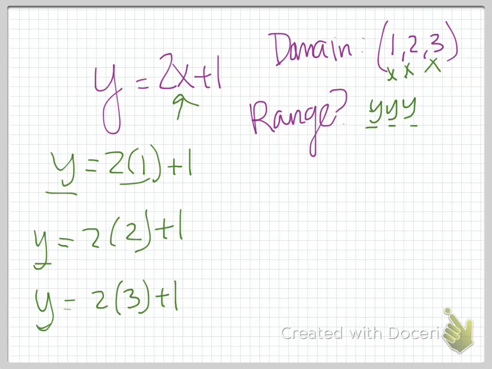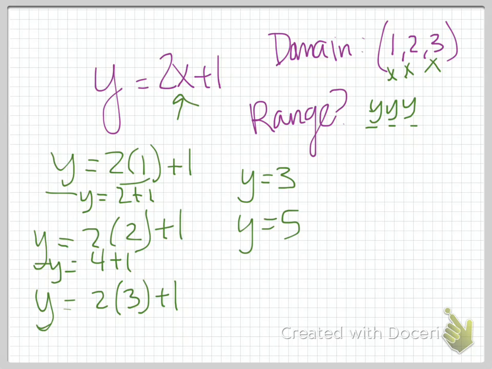So 2 times 1 is 2, 2 plus 1 is 3, so I got y equals 3. 2 times 2 is 4, 4 plus 1 is 5. 2 times 3 is 6. 6 plus 1 is 7.